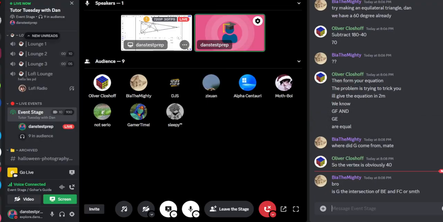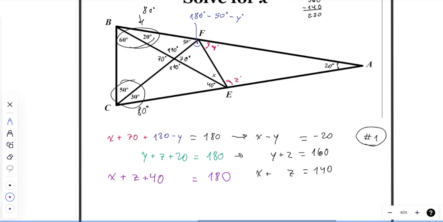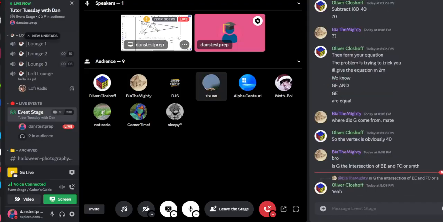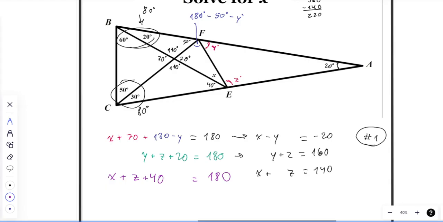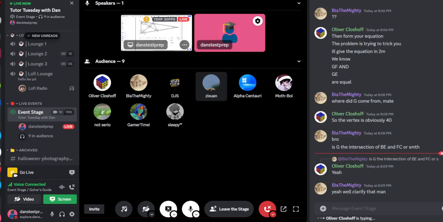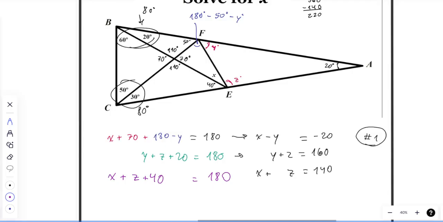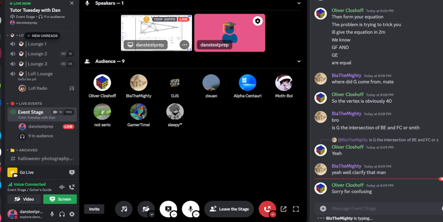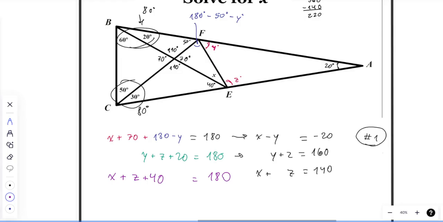Where did you get GF and GE are equal? I don't know. Is that true?